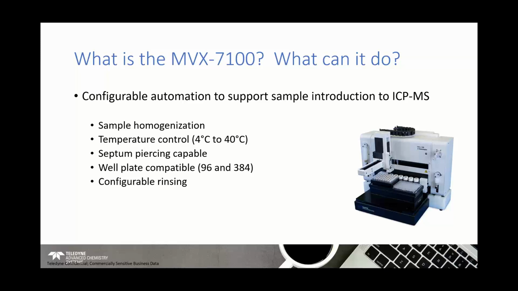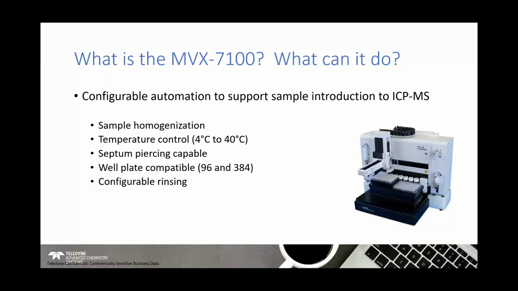There's also an option for temperature control. So you can cool your samples down to 4 degrees centigrade or take them up to 40 degrees C, depending on what your requirements are. So if you have concerns of sample matrix evaporation, for example, then you could cool the sample down to 4 degrees C, and essentially you're maintaining the integrity of your sample through the batch process.